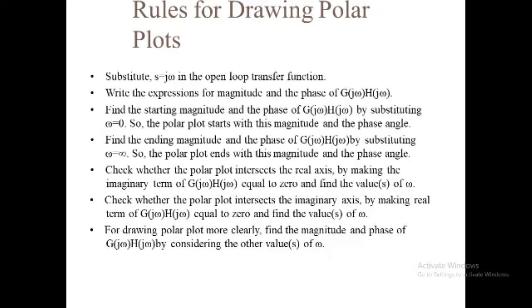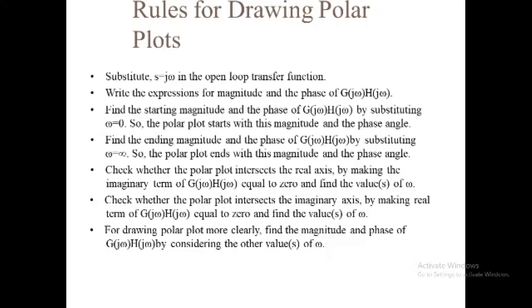Next step is to check whether the polar plot intersects the real axis by making the imaginary terms of G(jω)H(jω) equal to 0 and finding the value of ω. Now we are moving towards checking whether the polar plot intersects the imaginary axis by making the real terms of G(jω)H(jω) equal to 0 and finding the value of ω, same as above.